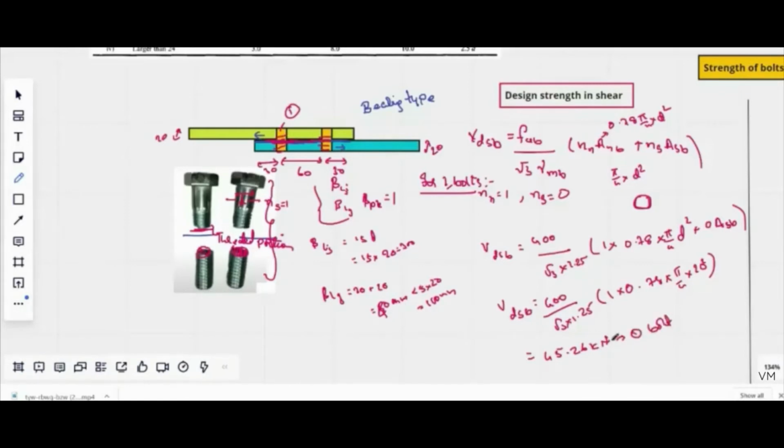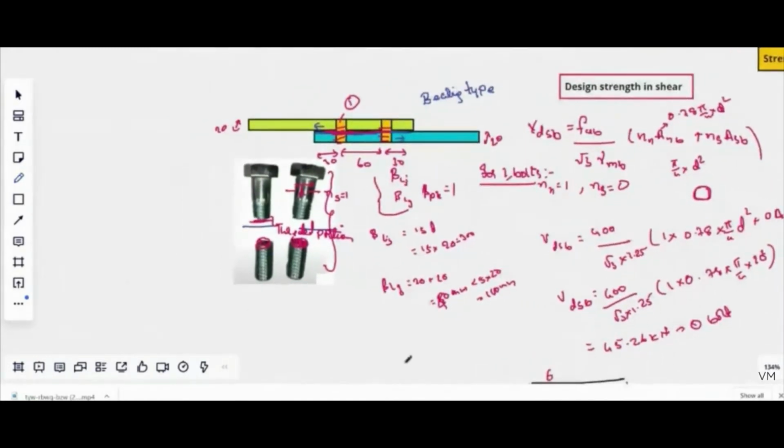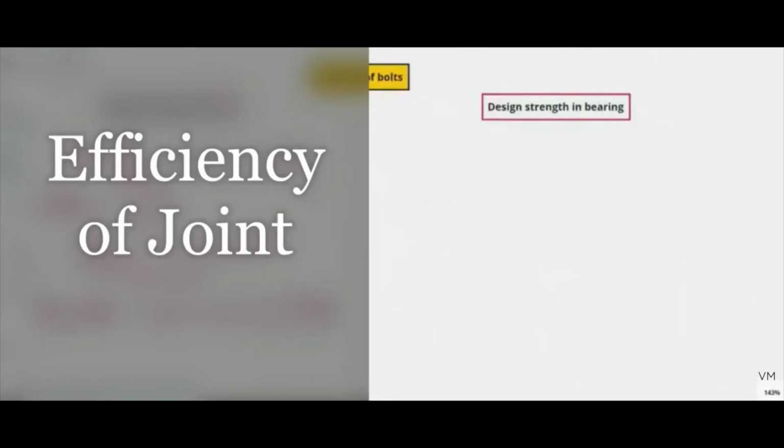In the question they have given a total of 6 bolts. In this case, for 6 bolts, this value will be 6 into 45.26, which will be around 271.583 kilonewtons.